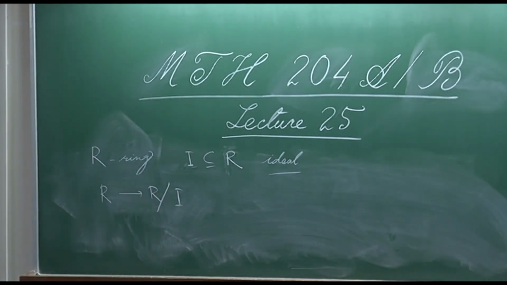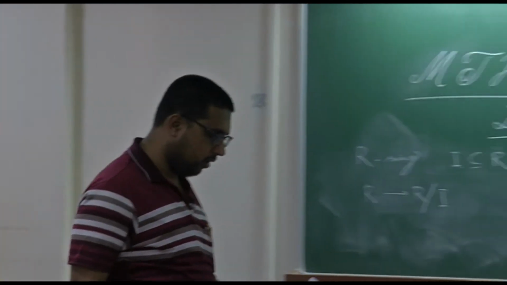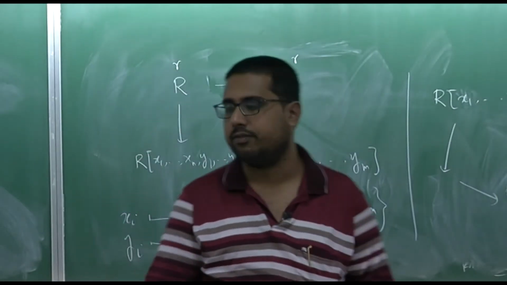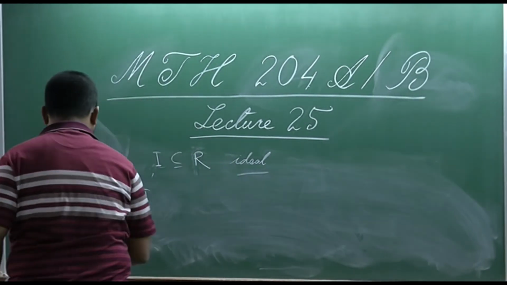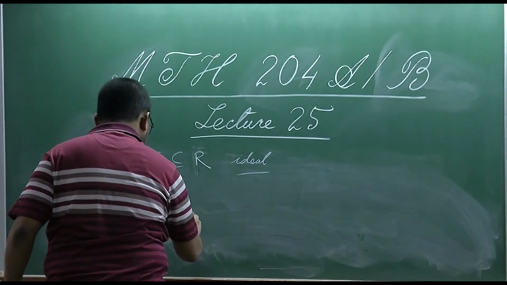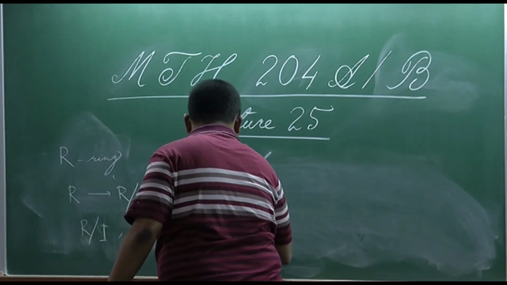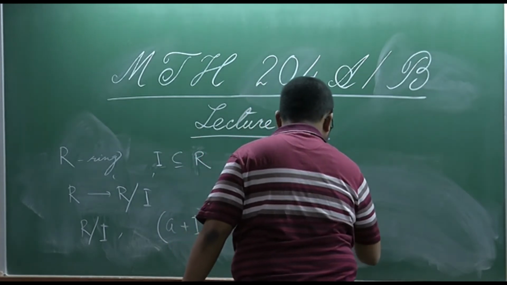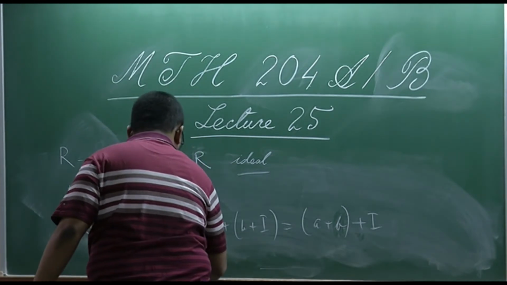You can see that this is analogous to the quotient linear transformation for vector spaces or the quotient homomorphism for groups. Before that, let me tell you how this is defined. Here a plus I and b plus I are naturally added as a plus b plus I. Similarly for the multiplication.